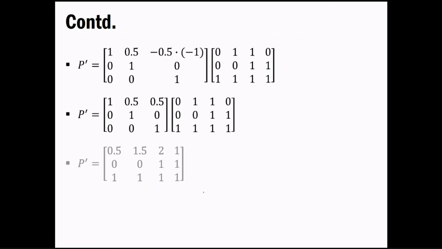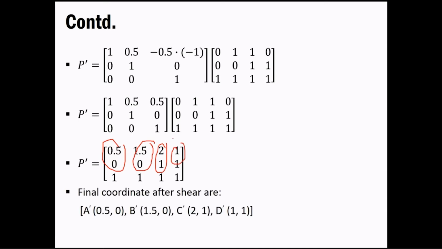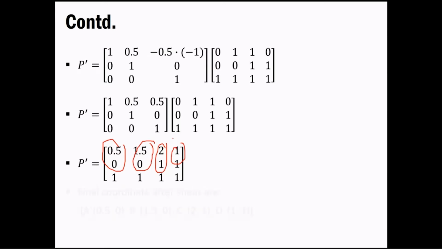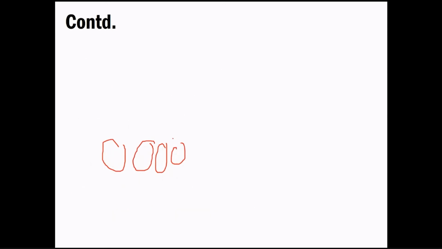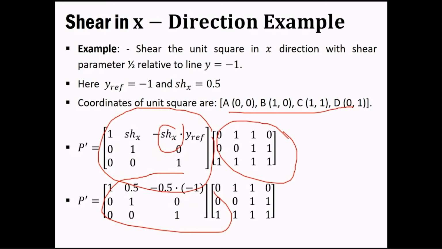Then multiply the whole thing, and based on that the final resultant is 0.50, 1.50, 2 1 and 1 1. If you put it on the graph, you'll see we are now getting a kind of parallelogram out of the original parameters. These were our original parameters, A(0,0), B(1,0), C(1,1) and D(0,1).